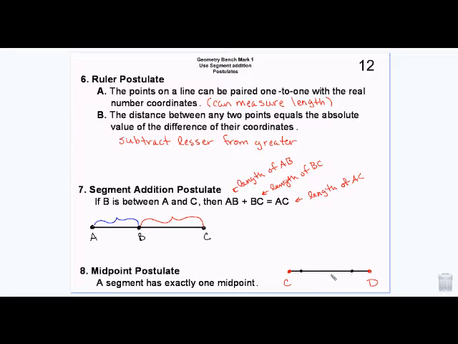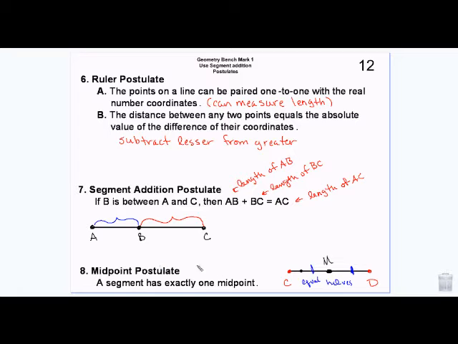That's not a midpoint. A midpoint, M, would mean that this length and this length are equal. So there's only one place where you can put that midpoint that makes the two sides the equal length. Kind of makes sense, right?